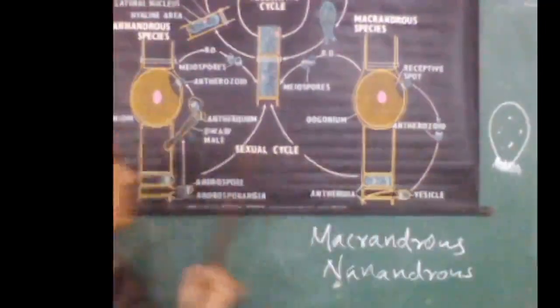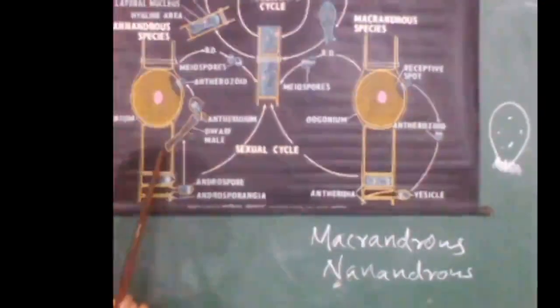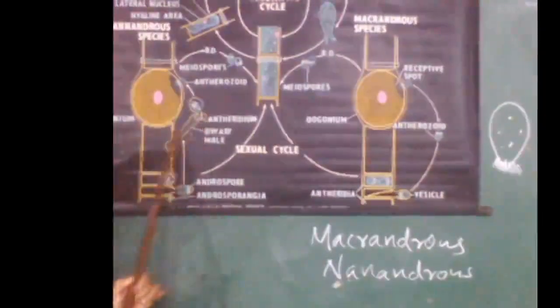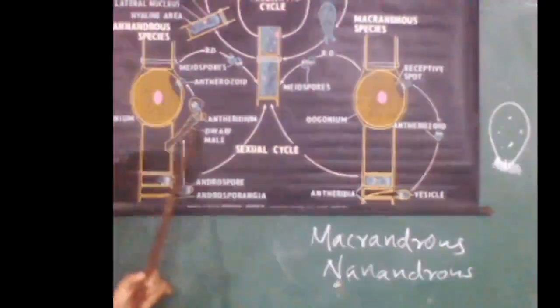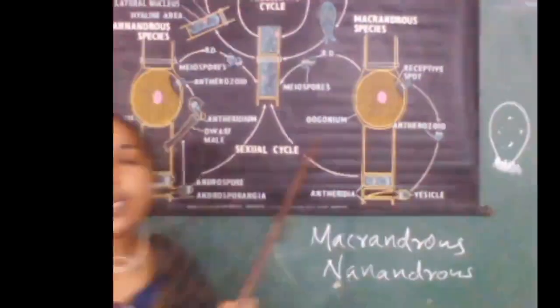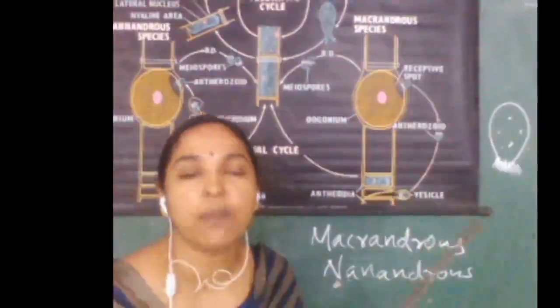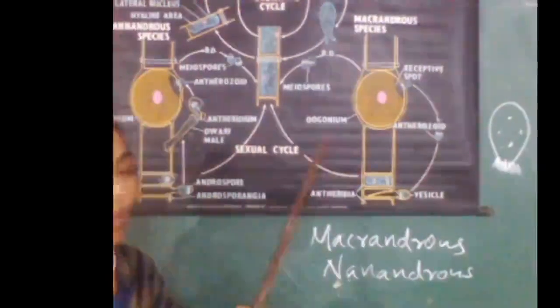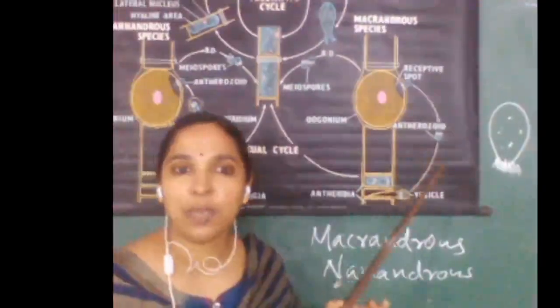In Nannandrous species, they are in different filaments. This is a different filament attached here. That is the fundamental difference between Macrandrous and Nannandrous. Clear?